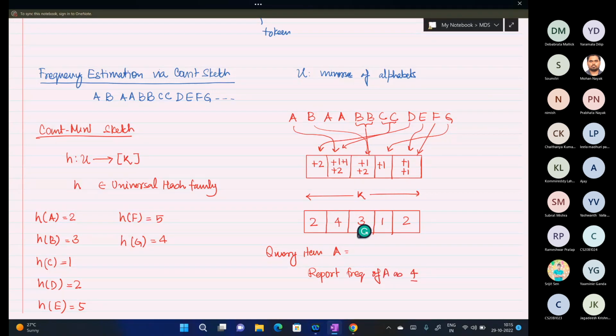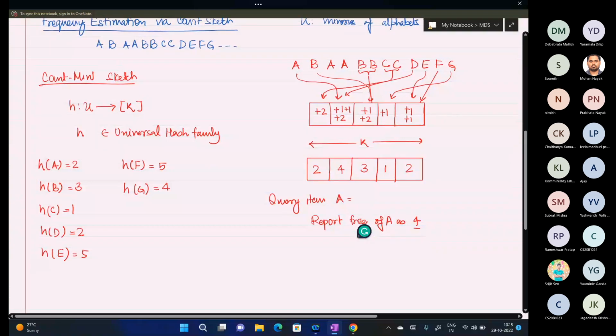Of course, we repeat this several times. Suppose we repeat it T times, we get T estimates and we report the minimum of all the estimates. So this was the count min sketch algorithm.